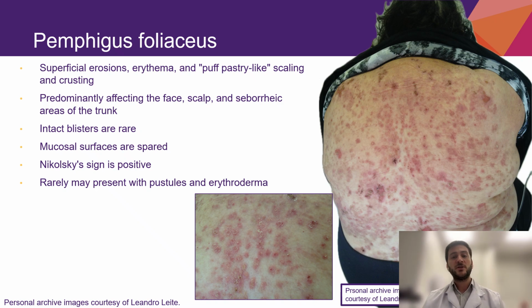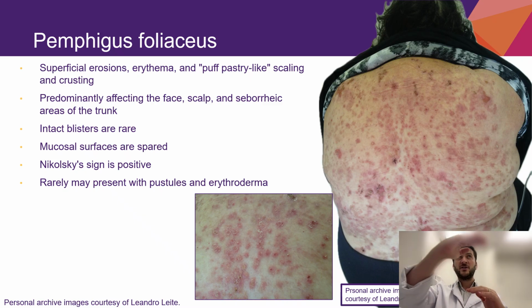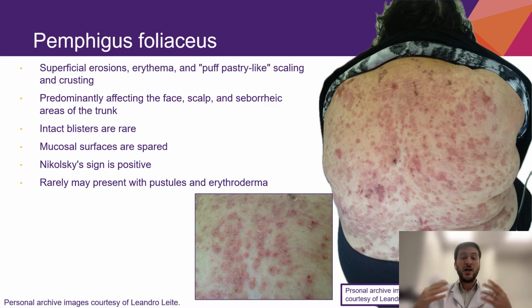Pemphigus foliaceus is another acantholytic disease, another blistering disease, but in this case the cleavage occurs at the subcorneal level, so it occurs above the suprabasal level of pemphigus vulgaris. So here you have very fragile blisters, and they are rarely visible.